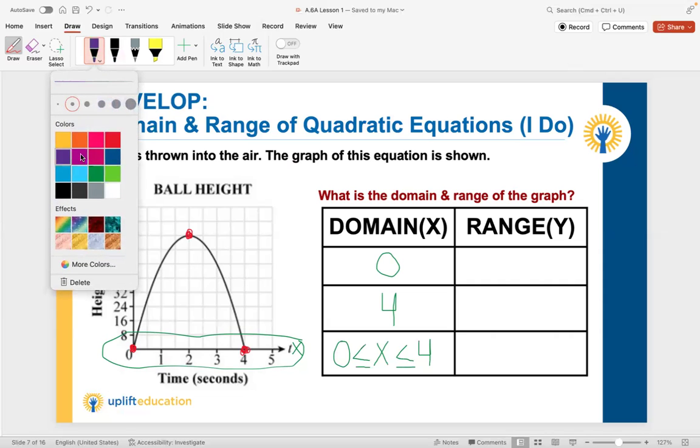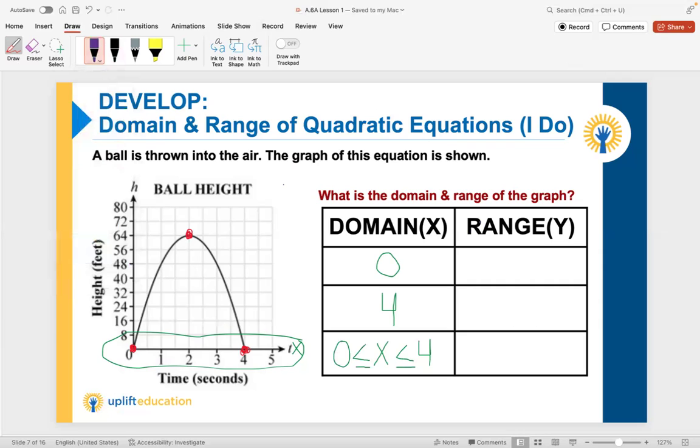So just like before, we talked about the range being described as how tall. So now for how tall, we're going to look at the y-axis. As tall as it ever got, I'm just going to circle that here. That's as tall as it ever went. So we started at 0, which was on the ground, and it went as high as 64 feet.